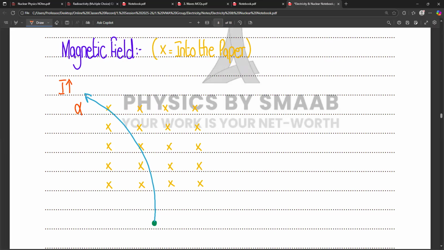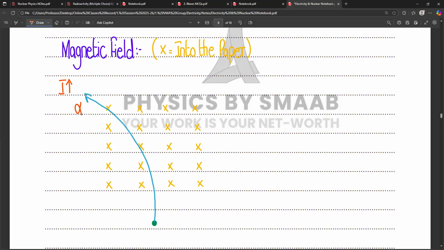I will also share a picture for your reference. So if you apply Fleming's left hand rule, it will be very easy to identify.